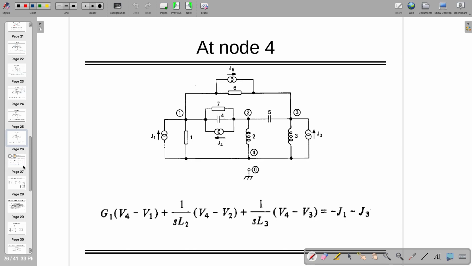I think, no, 0 is separate. Look, both the circuits are different.